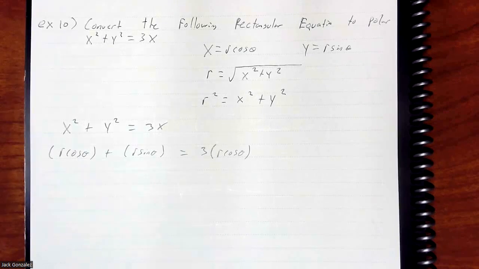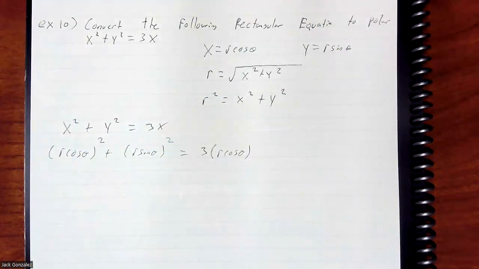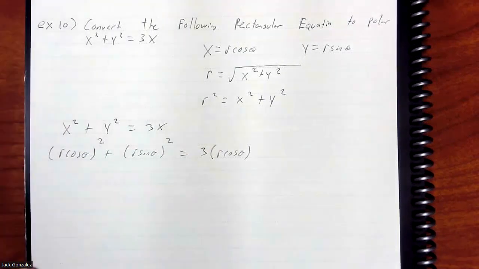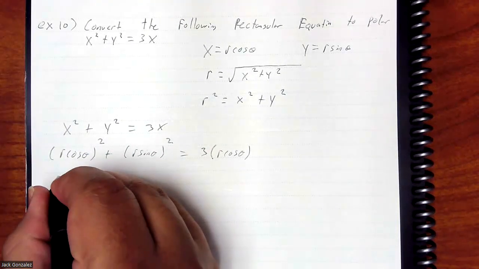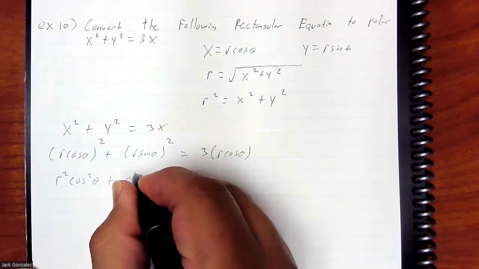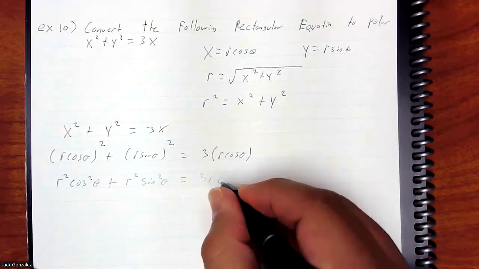So we have to square both parts. So this will become, when you square a product, we square each factor. So r squared cosine squared plus r squared sine squared equal to 3r cosine.